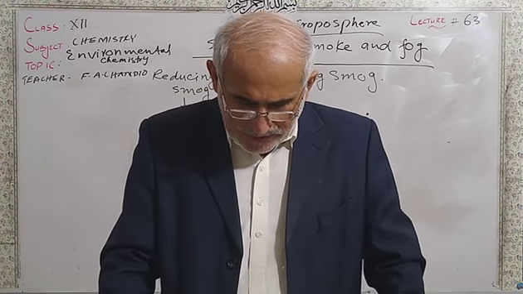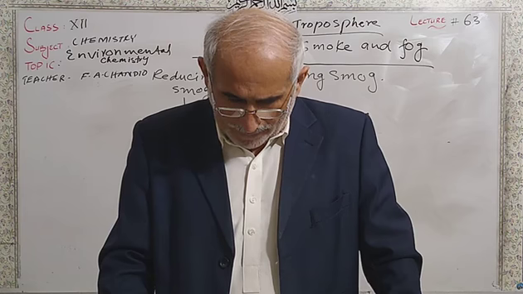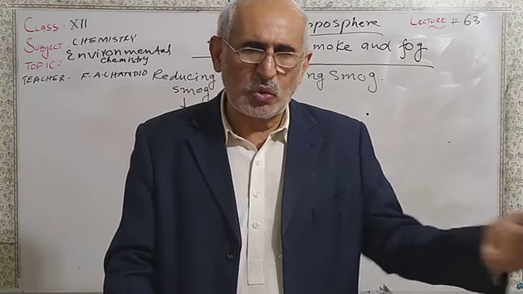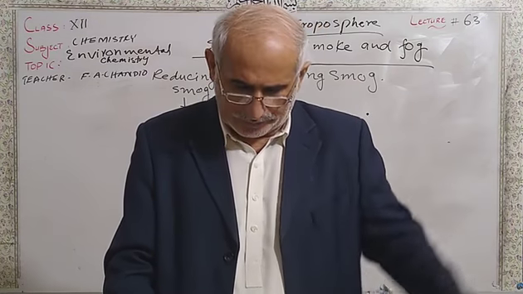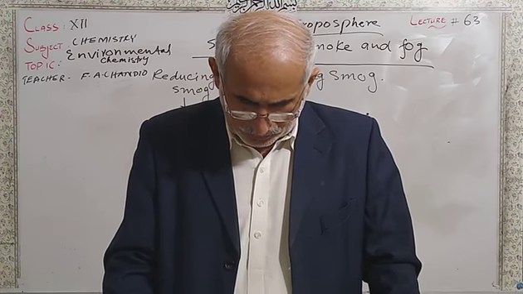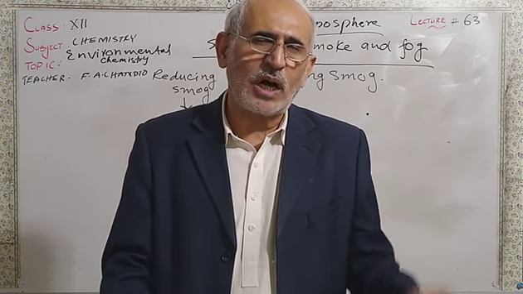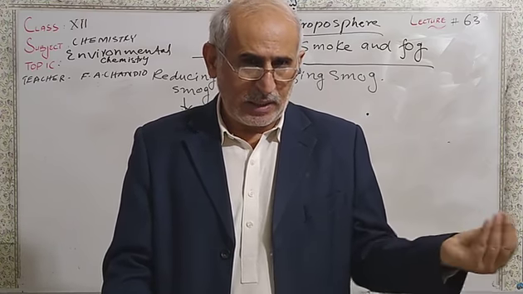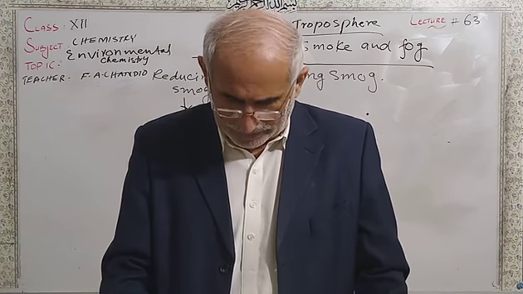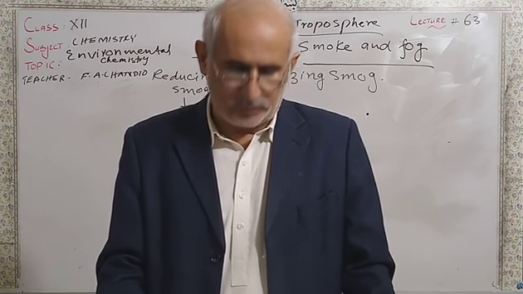So in the reducing smog, there is high content of sulfur dioxide, and it is chemically reducing in nature. It oxidizes itself and reduces others. It is known as reducing smog. Smog of sulfur dioxide, I told you. In smog, there is a high content of sulfur dioxide produced from burning of coal, I told you.